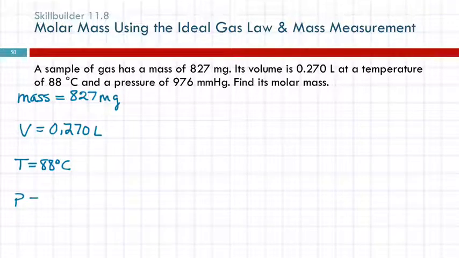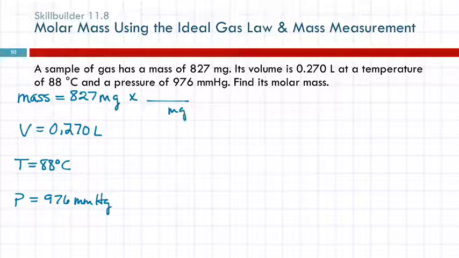The pressure is 976 millimeters of mercury. To find the molar mass, we need the mass of the sample, and we need the number of moles. Well, here's the mass. It's in milligrams. Let's convert that. Milligrams on the bottom, 10 to the minus 3 grams on the top.